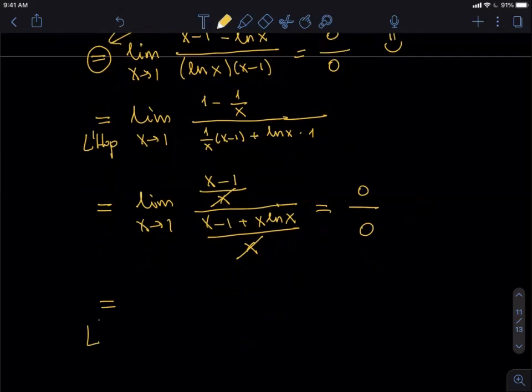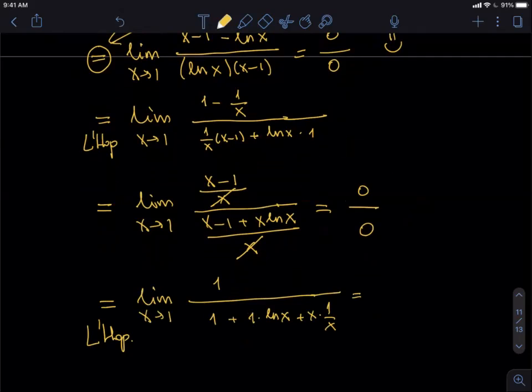So we can now apply L'Hopital, and it's a little more user-friendly. The derivative of x minus 1 is 1, divided by 1 plus the derivative of x logarithm of x, which is 1 times the logarithm plus x times 1 over x, the derivative of the logarithm.